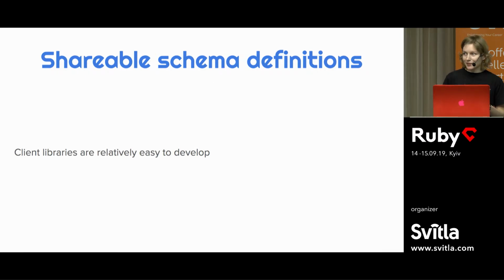Another profit is shareable schema definitions, so it simplifies the support of the system, because right now you can't just change something on the server and break all clients, because they have the same schema and you must update gradually. Or maybe the best way, from the beginning, create such a schema that can be extended without breaking changes.